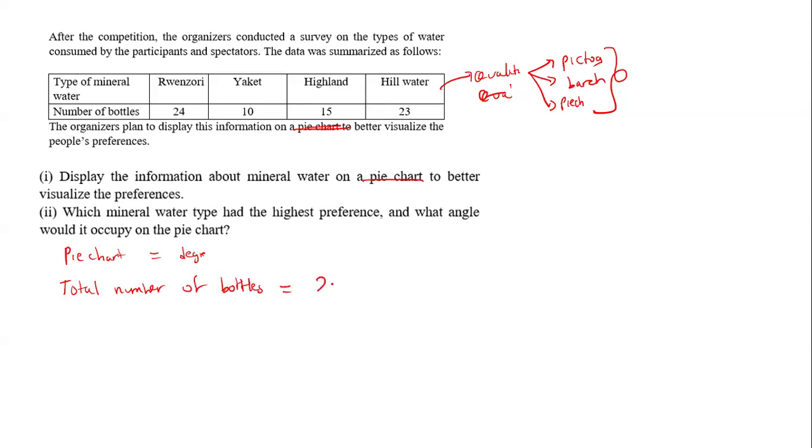So here it will be the 24 plus the 10 plus the 15 plus the 23. Quickly in the chat, which total are you getting for the number of bottles that we do have?